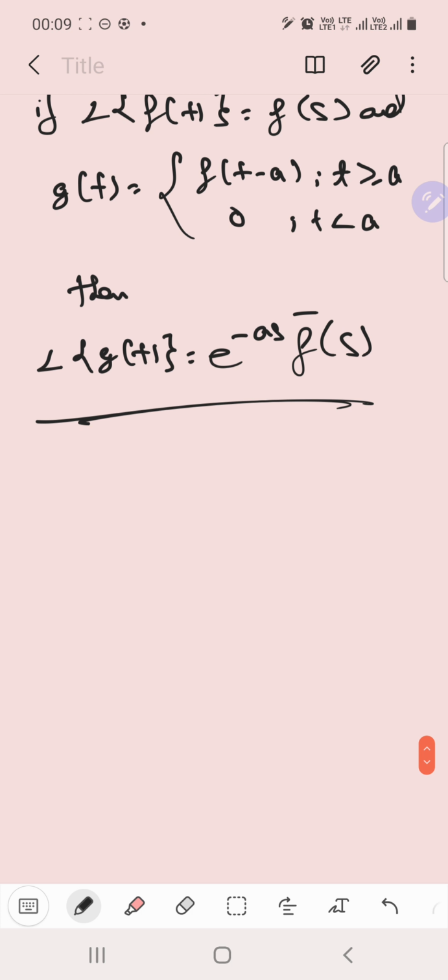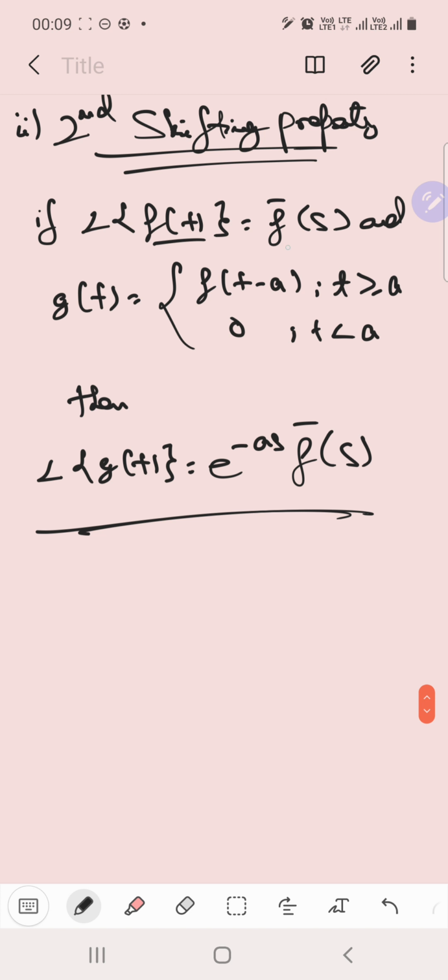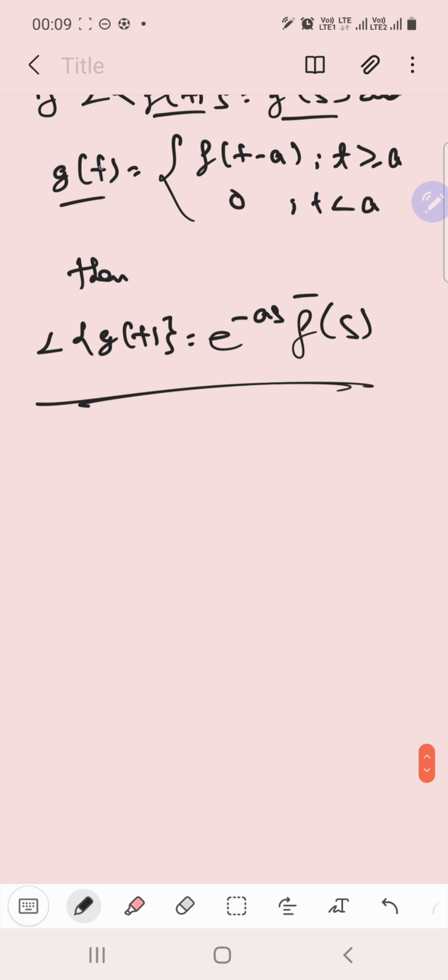Clear? So basically you have some function f(t) whose Laplace transform is f bar(s), and you have some g(t) which is given as f(t minus a) when t is greater than or equal to a, and 0 when t is less than a.